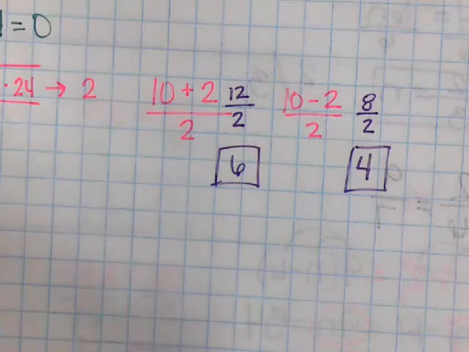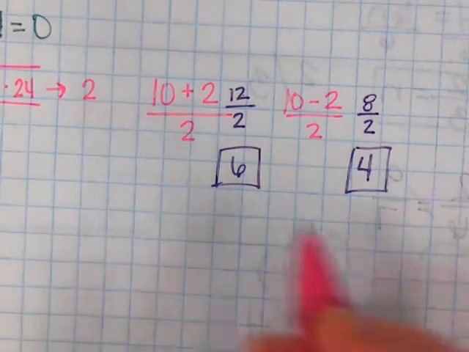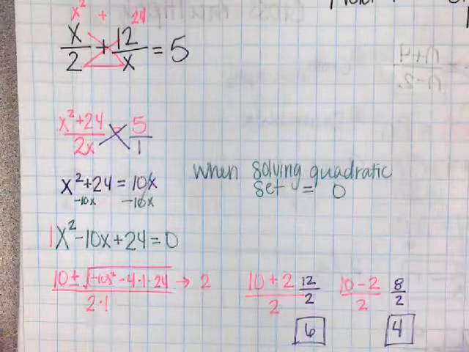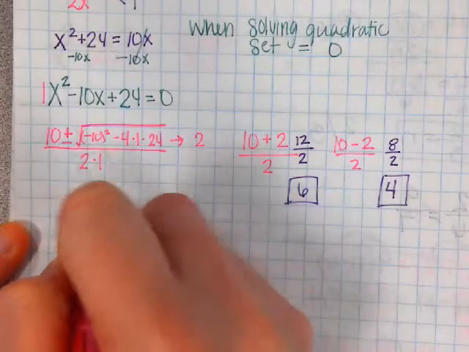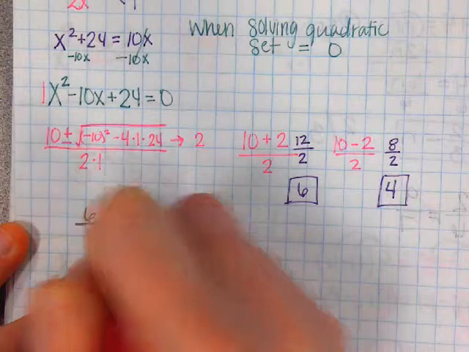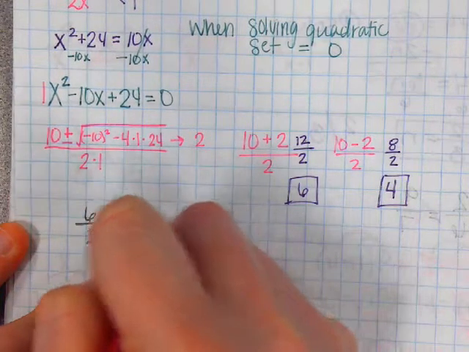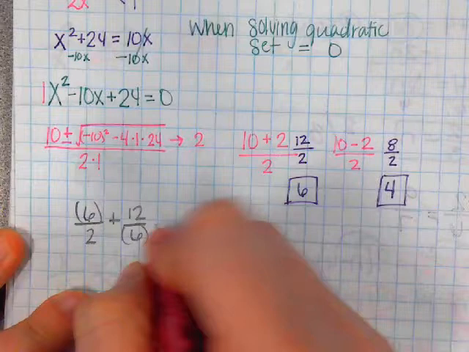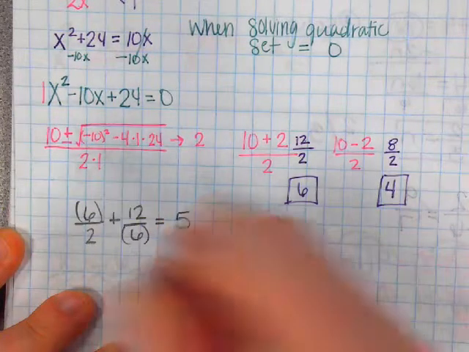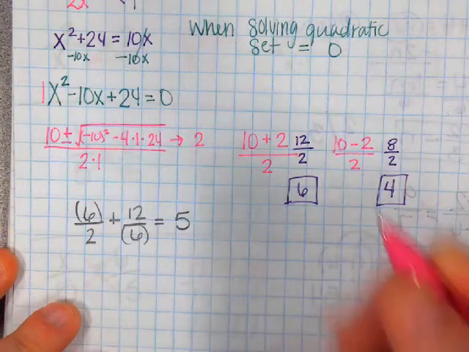Okay, I'm going to go ahead and check them just to show you. So I'm going to plug these numbers back into that original equation, which is x over 2 plus 12 over x equals 5. I'm just putting parentheses so you can see where I'm putting the x's.